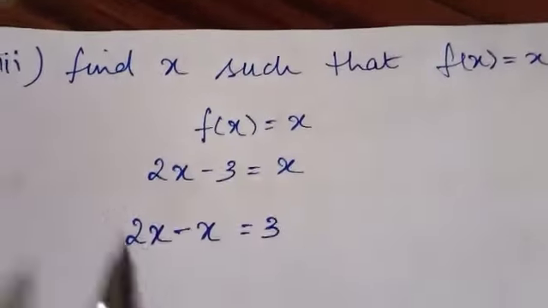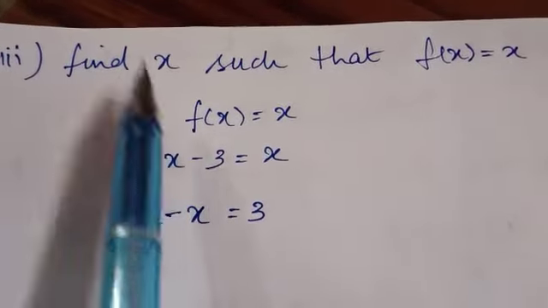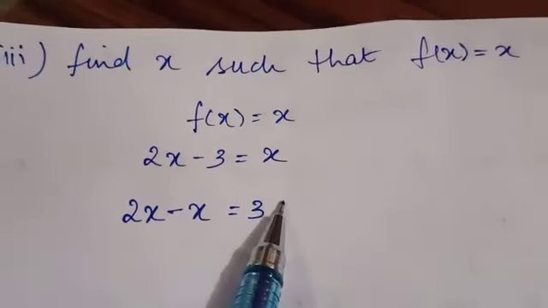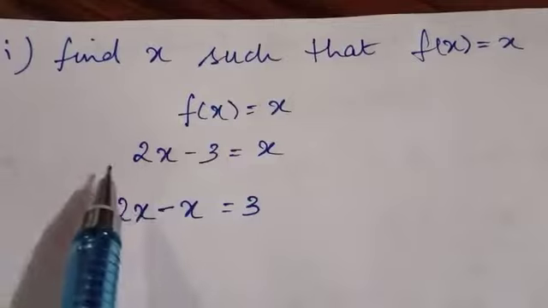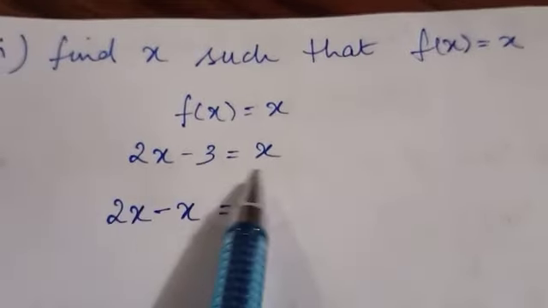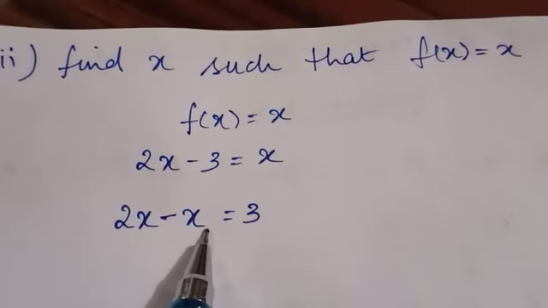See, listen children, we are going to find x. So whichever variable we are going to find, we have to keep it in the left hand side and the numbers to the right hand side. So the equation of f of x is 2x minus 3 is equal to x. So we are going to find this x. So I am taking the x to the left hand side.